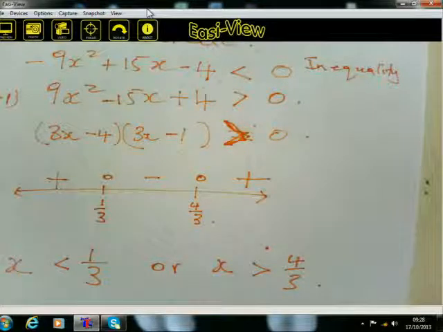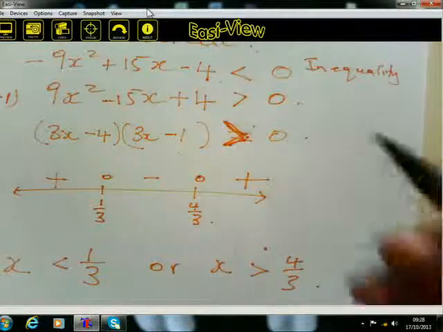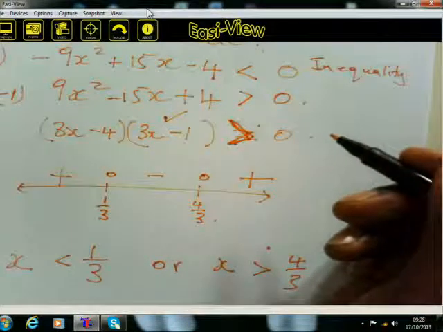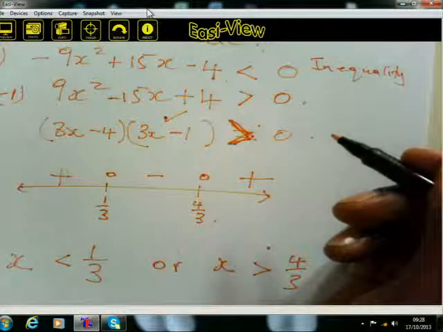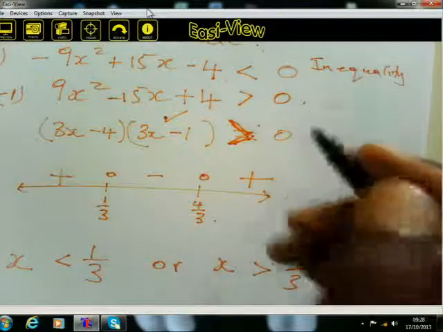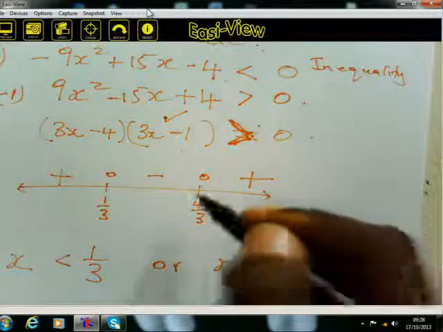Now, let's see how the allocation of marks is going there. For the factors, you get a mark. For the correct inequality sign, you are going to get a mark.